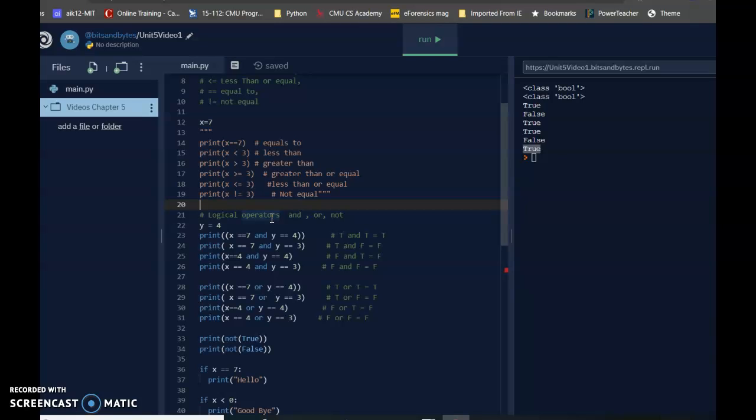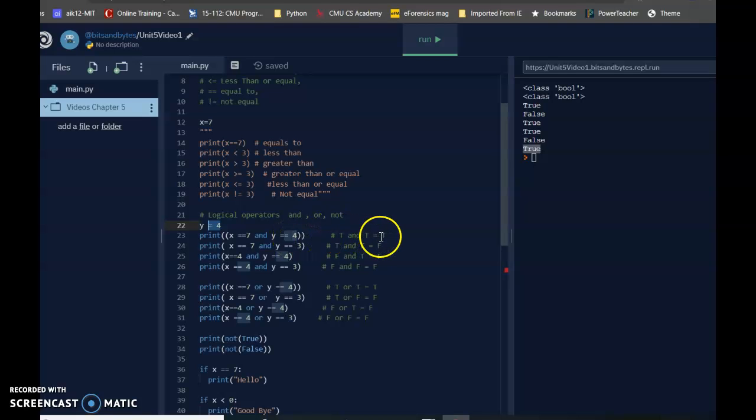So let's work with and. For an and to be true, both sides of an and statement have to be true. Take an example here, x equals 7 and y equals 4. 7 equals 7, so that evaluates to true, and y is 4 from line 22, so 4 equals 4 is true.